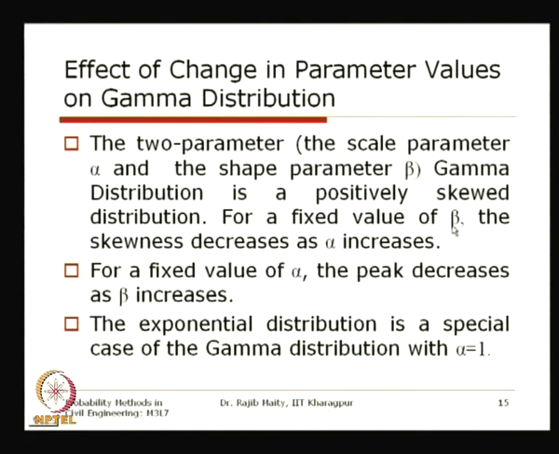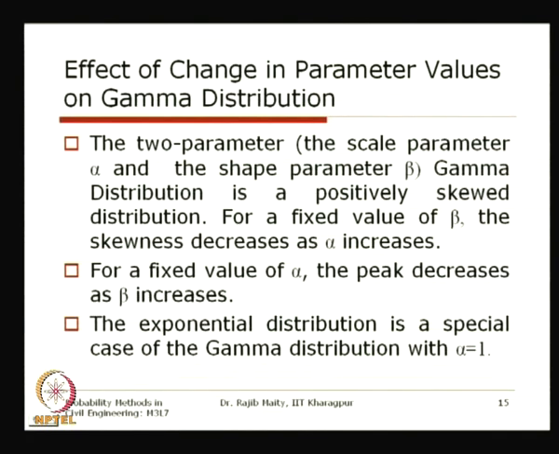For a fixed value of beta, if we increase alpha, the skewness decreases. So, for a fixed value of beta, the skewness decreases as alpha increases, and for a fixed value of alpha, the peak decreases as beta increases. We will show this pictorially as well, and how these two parameters can capture a wide range of distributions.